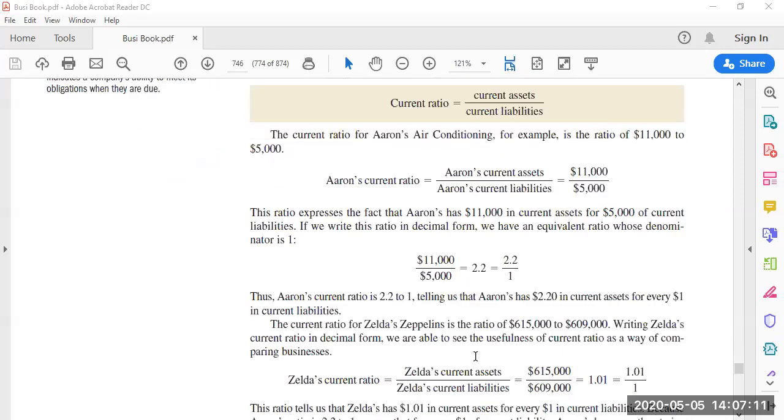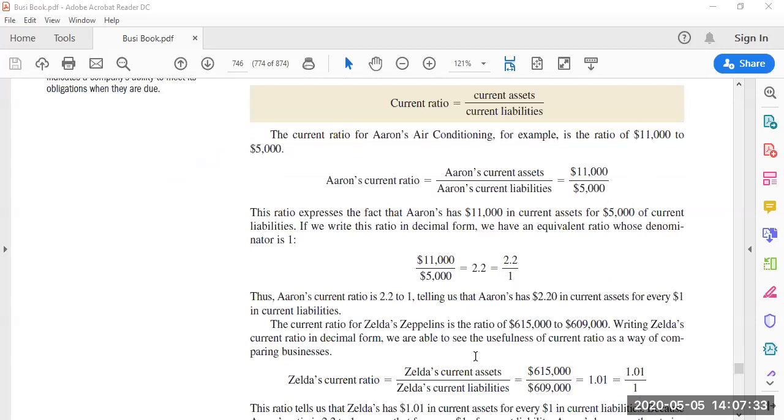Zelda, on the other hand, even though they had the same amount of working capital, when you take their current assets of 615,000 and divide it by their current liabilities of 609,000, they only have a current ratio of 1.01.